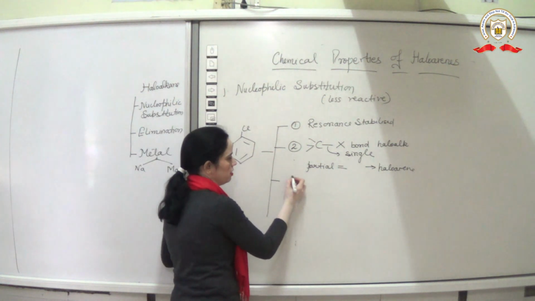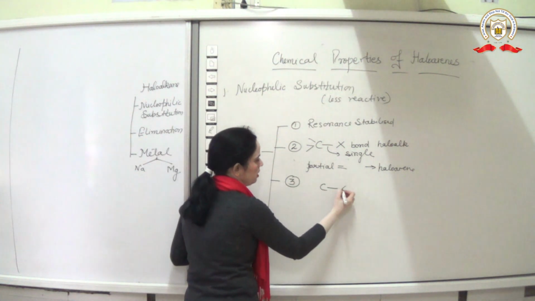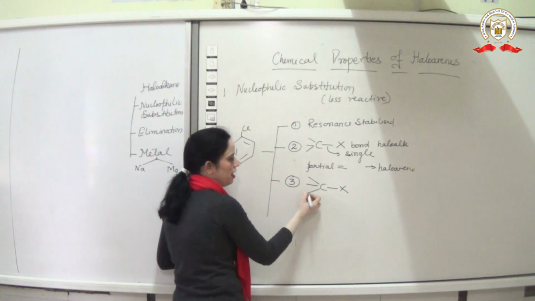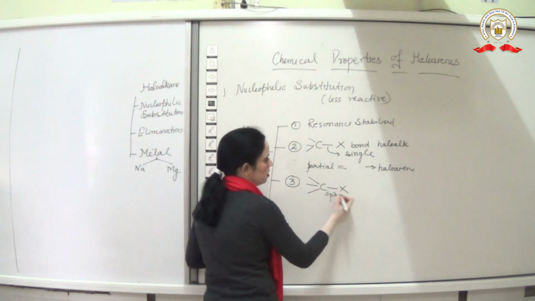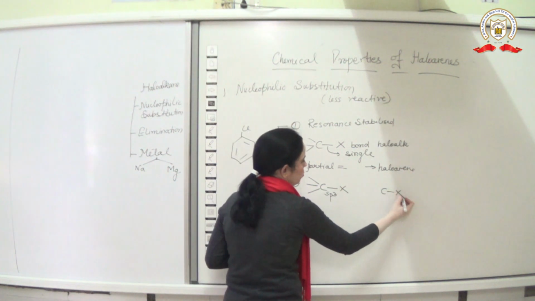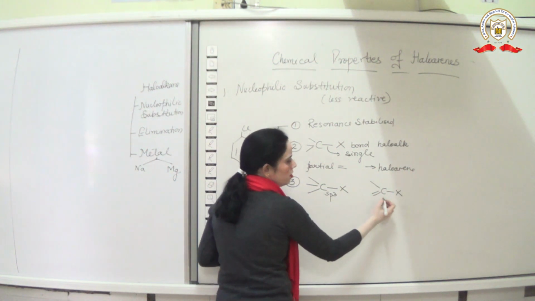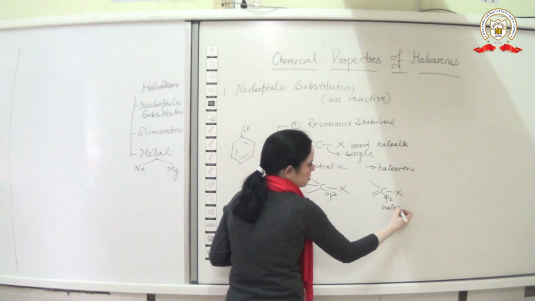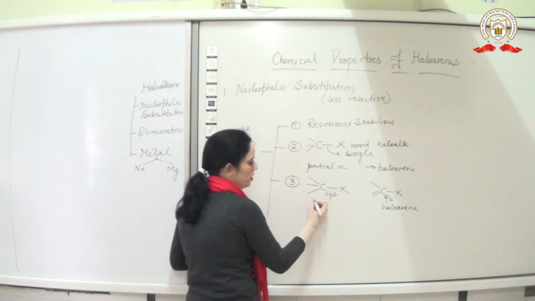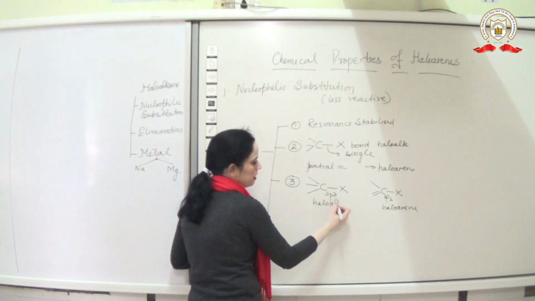The third part, the carbon with X in case of haloalkane is sp3 hybridized, but the carbon attached to X in case of haloarene is sp2 hybridized. It is haloarene and it is haloalkane.